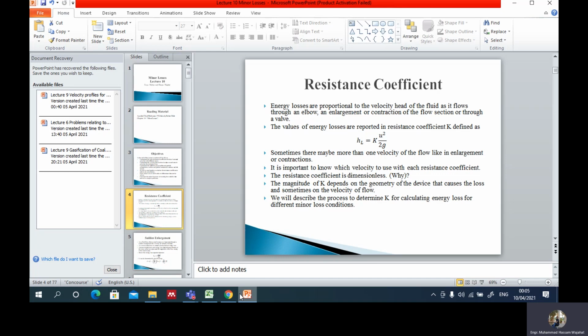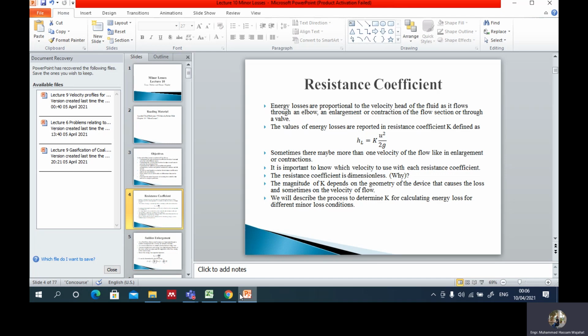Based on that principle, if the area is different, the velocities will also differ, since area is inversely proportional to the velocity, provided that the flow rate is the same. So there will be at least two different velocities if there are two different pipes.